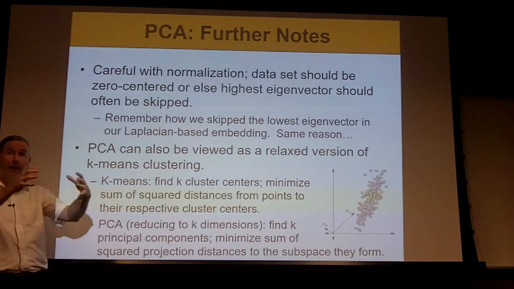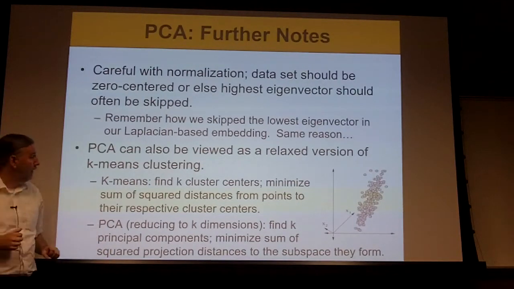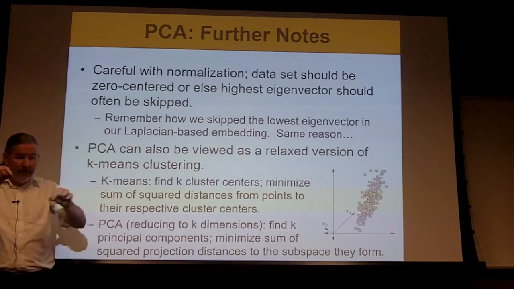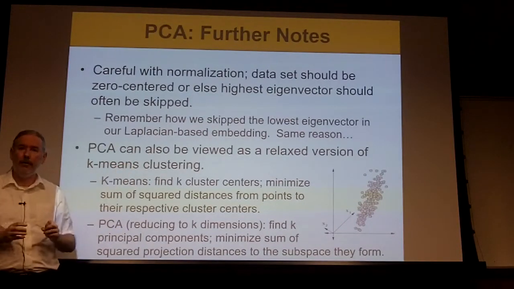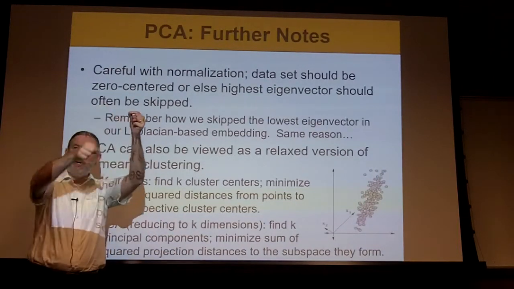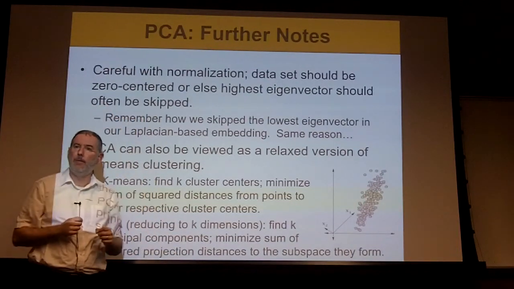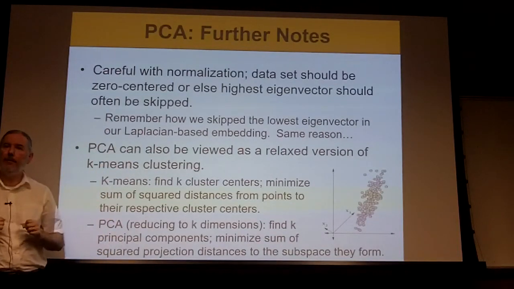So you're kind of minimizing the variance within each cluster. With PCA instead, you are trying to find not k centers for clusters, but k directions to project along. You want to find a k-dimensional subspace to minimize the sum of the squared distance when you project onto the subspace. So instead of projecting yourself onto a cluster center, you're projecting onto a subspace.